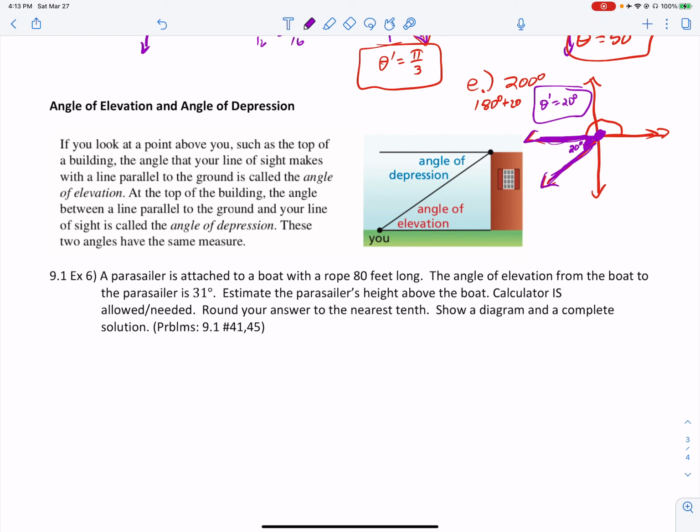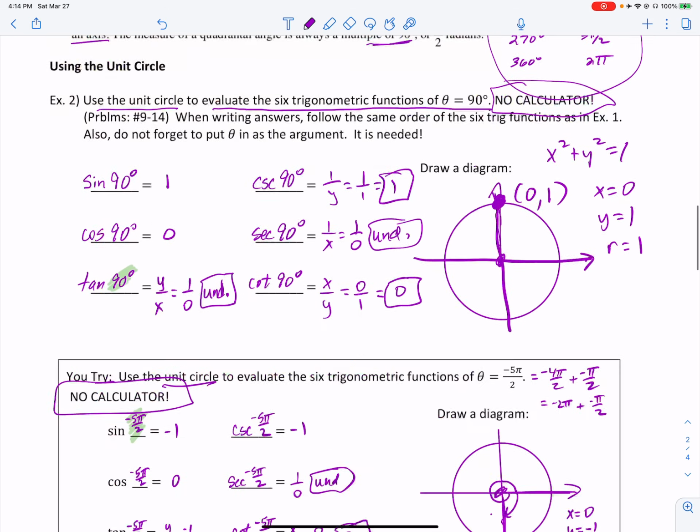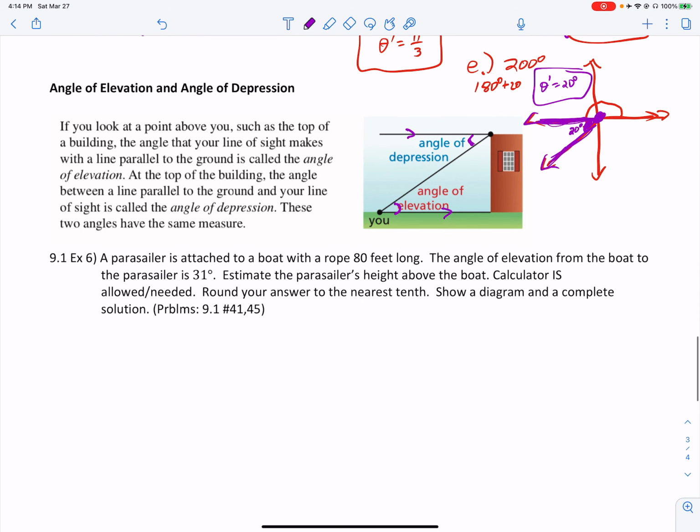And from the top of the building, a line parallel to the ground, if you look down, that is your angle of depression. Sometimes people get it mixed up and think it's inside the triangle. It isn't. And here's your angle of elevation. The whole idea from geometry is, since they're parallel, those are alternate interior angles, and the angle of elevation is congruent to the angle of depression.